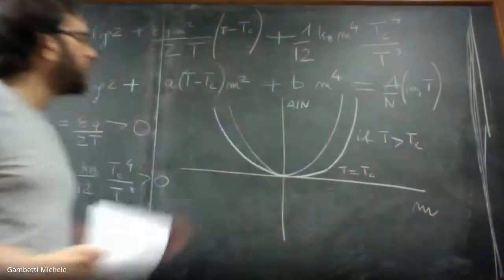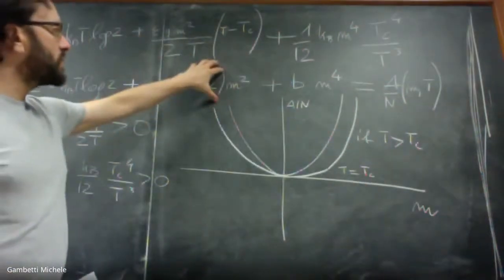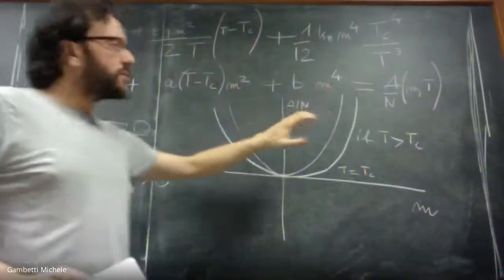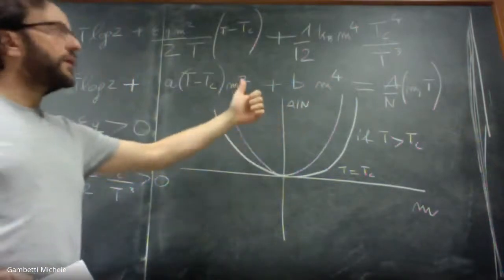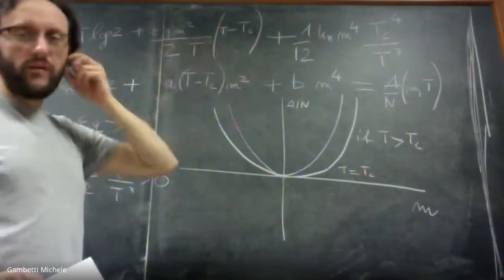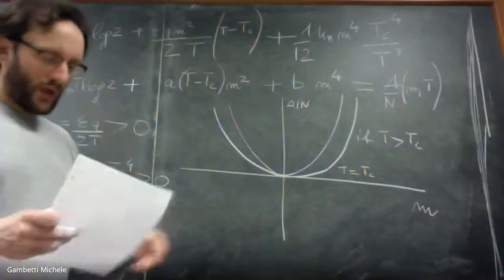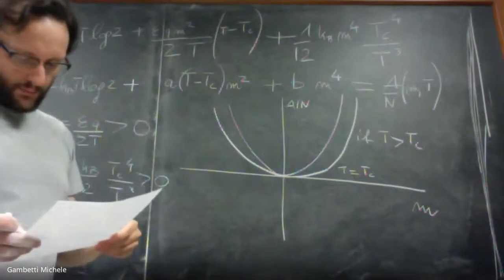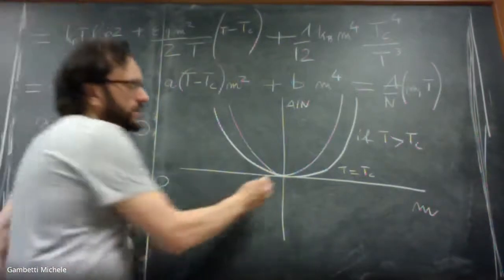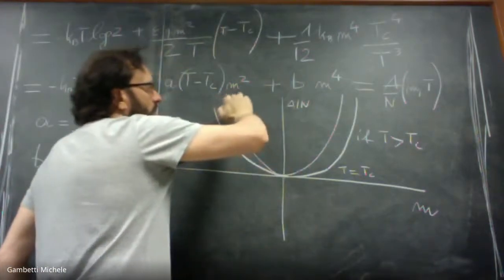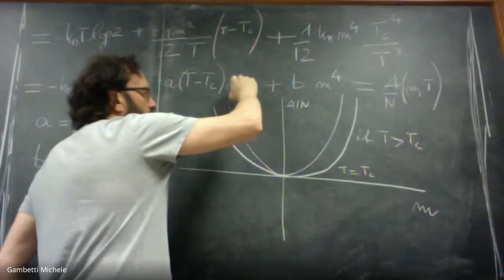But now this term disappears, and apart from this shift, this is just m to the power of 4. So therefore, I will have, let's say, 1, 2, and 3 derivatives which are 0 here, right? So it's flatter here. Whereas before, the leading term was quadratic, so I had two derivatives.